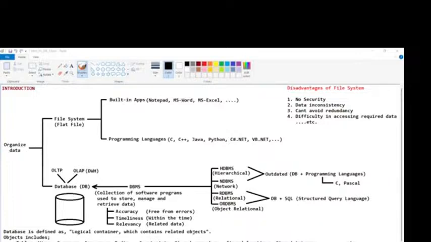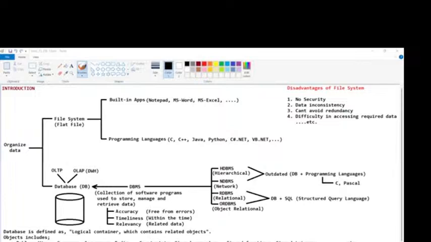All these things in my last session we discussed: OLTP, OLAP, the database definition, a logical container which contains related objects, and those objects include all these types: tables, views, synonyms, sequences. Types of DBMS are there. HDBMS and NDBMS are outdated. The developments are going on only in RDBMS and ORDBMS, right?